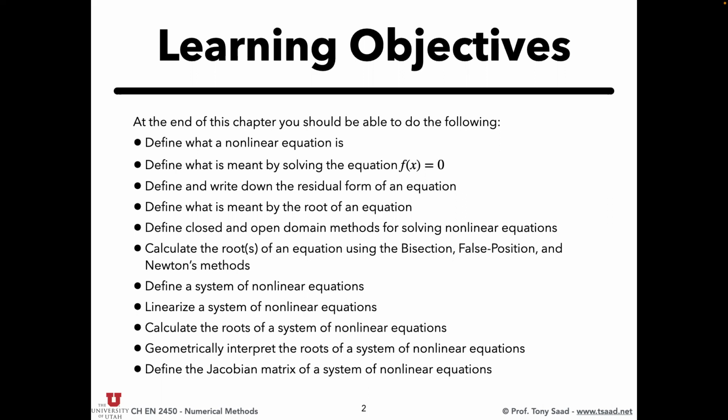Calculate the roots of a system of nonlinear equations, and geometrically interpret them. It's one thing to interpret the roots of a single equation with a single unknown. It's another to interpret the roots of 50 equations with 50 unknowns. What does that mean? And finally, define the Jacobian matrix of a system of nonlinear equations.